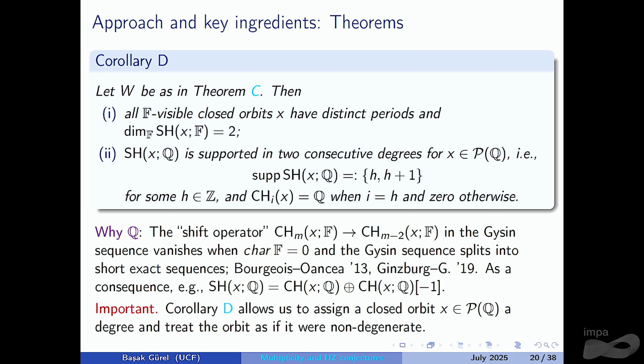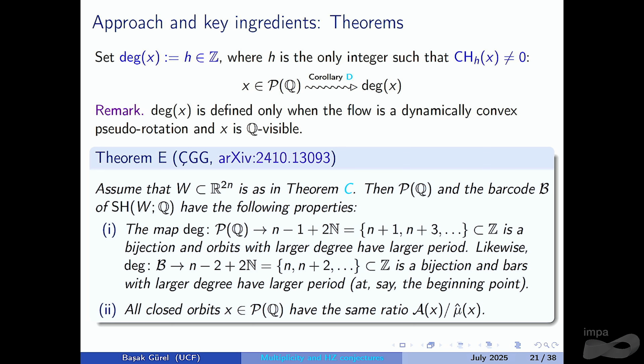Okay, so what does this buy us? Remembering that there is no non-degeneracy condition in the picture, this buys us a degree. Basically, I can then use this H, precisely the degree where the equivariant homology is non-zero.